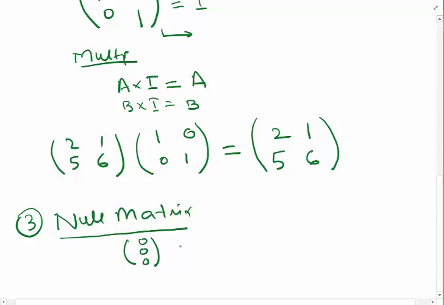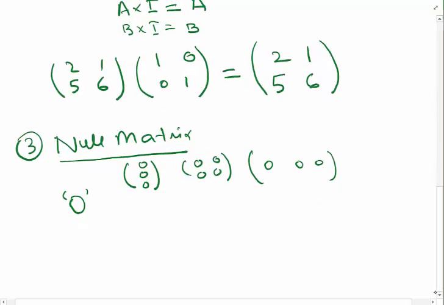Alright, like 0, 0, 0, 0, 0, 0, 0, 0, 0, 0, and so on. We represent null matrix by using uppercase O, and we can identify null matrix as the additive identity in matrix algebra.